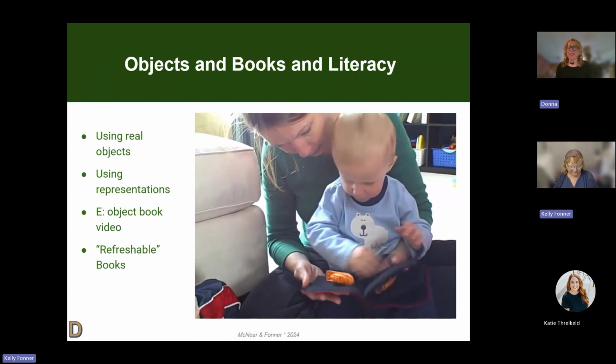So every time I watch this, I see Kelly smiling, I get a big smile. It's just a great example that there's such a high level of engagement here with so many emergent concepts for books and literacy.